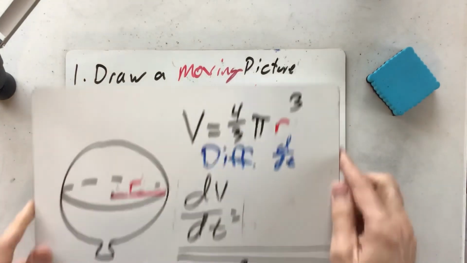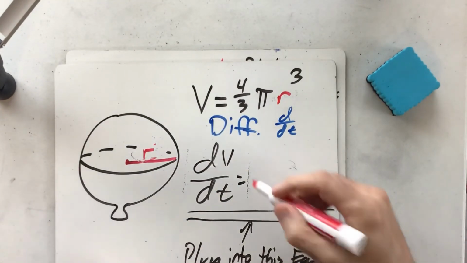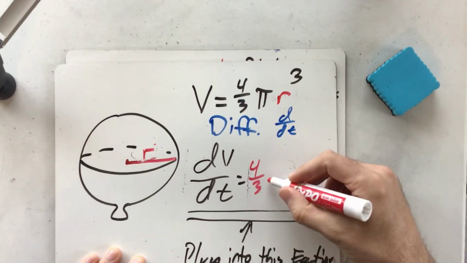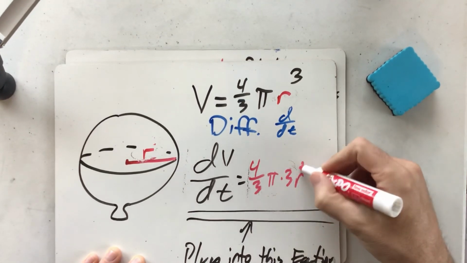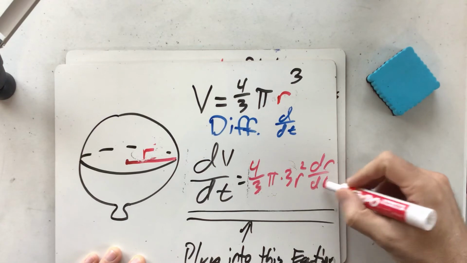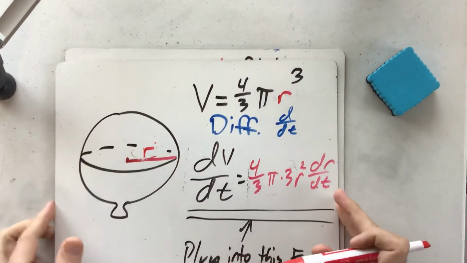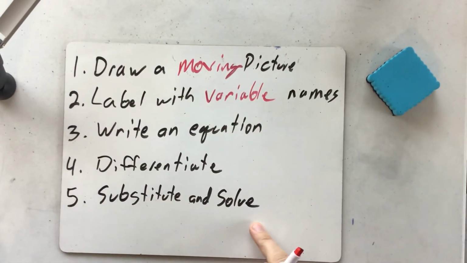Then we take the derivative of that equation, which is what we did over here, which is where we got our 4/3 pi times 3r squared dr dt. Then we substitute, so plug everything in and solve. What I find tends to be the most challenging part for students is to do the moving pictures and to use variable names instead of constant names.